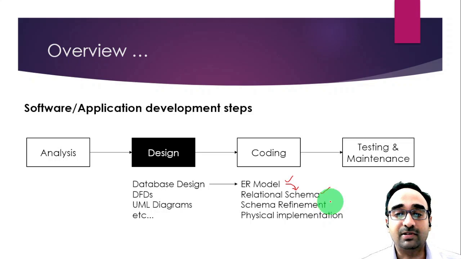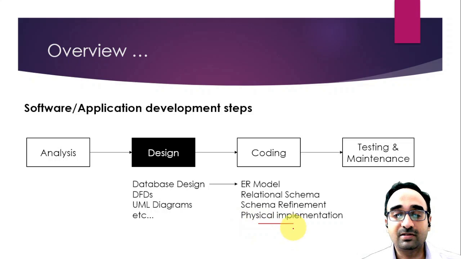Once you create the relational schema, you will go for schema refinement. This is the thing which we are concerned with in module 4. These other things are already discussed in the previous videos. You can watch them if you want.